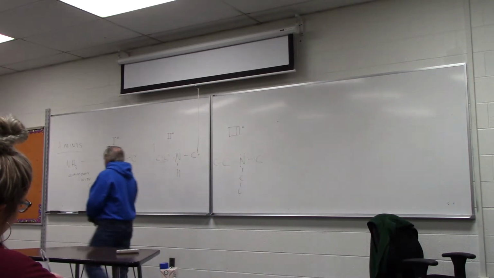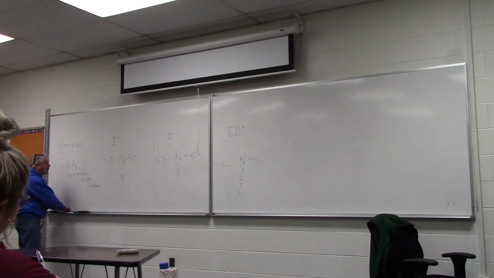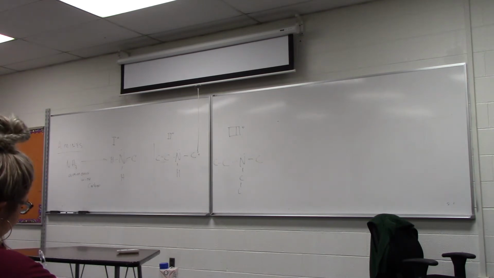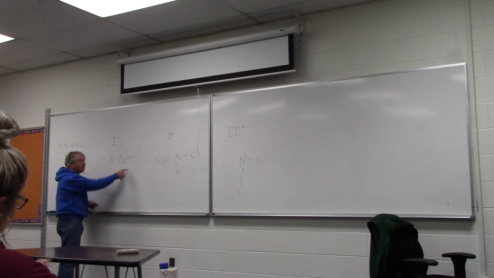All right, so what we want to do is be able to identify if you have a primary, secondary, or tertiary, and also name them. So this is the primary. It has a methyl attached to it.